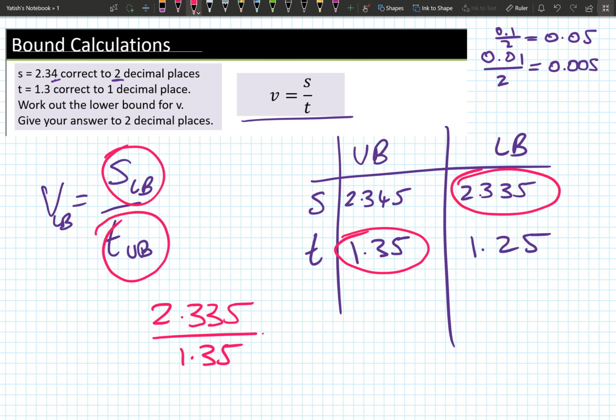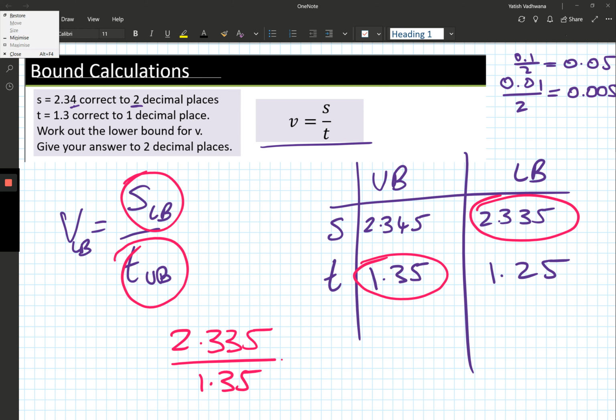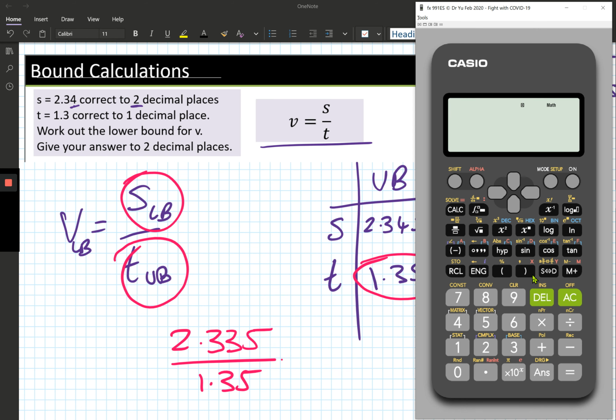So then on a calculator, I can see that that will give me 2.335 divided by 1.35. As a decimal, so round your answer to 2 decimal places, so it's 1.7296, so that would be 1.73.